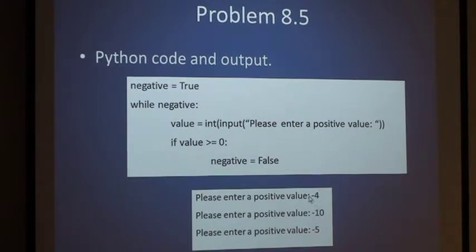So if you enter -4, -10, -5, and then finally, which is not shown here, if you enter a +7 or something, then the loop will stop, right? I don't know why that wasn't shown, because it would prompt you for please enter a positive value, colon, I type in a 7, and the loop stops.